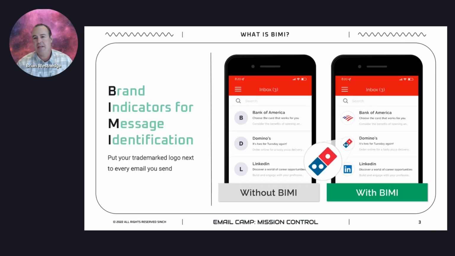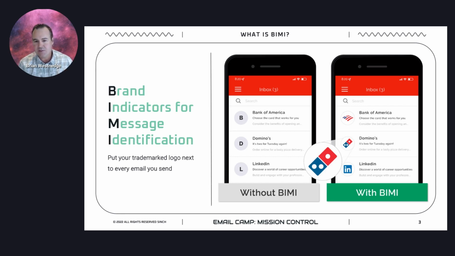All right, so BIMI, what's it stand for? Brand Indicators for Message Identification. So it's a mouthful, but the idea is that you take the default avatar next to the from address in a mail campaign, either in a mobile client or a webmail client. Typically, you'll see some initials a lot of times of your brand or the sender. Sometimes the mailbox provider might take a guess as to what the logo is that your company uses.